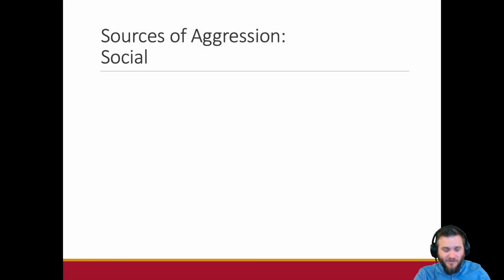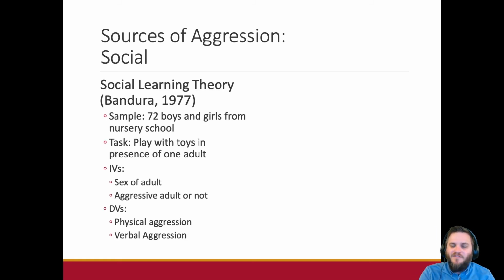Now, what are other sources of aggression? Well, social sources, social learning theory from Bandura in the 1970s. Now, this one's pretty famous because this is the Bobo doll set of experiments. The idea behind Bobo was that Bandura didn't believe the behaviorist perspective at the time. He said, I don't think behaviorists understand that aggressive behavior is modeled.